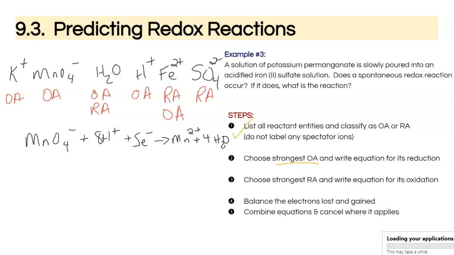Okay, now the next thing I need to do is choose the strongest reducing agent and then write out its equation for its oxidation. So remember, oxidation means loss of electrons, so I'm going to be expecting my electrons to be on the product side.